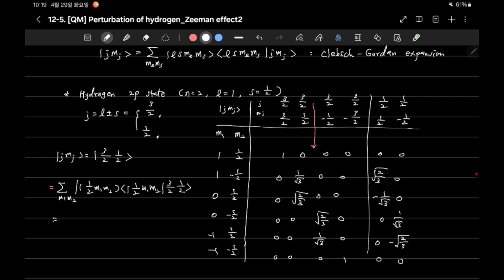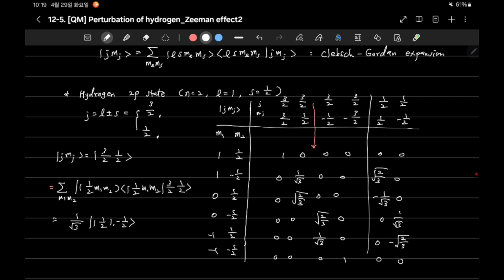From the Clebsch-Gordan coefficient, in this basis there are two non-zero terms. One is M1 equal to 1 and M2 equal to minus 1/2, and this basis has the coefficient 1 over square root 3.